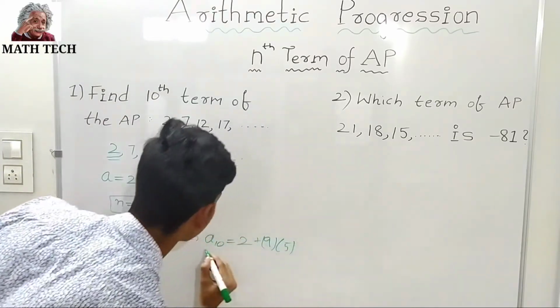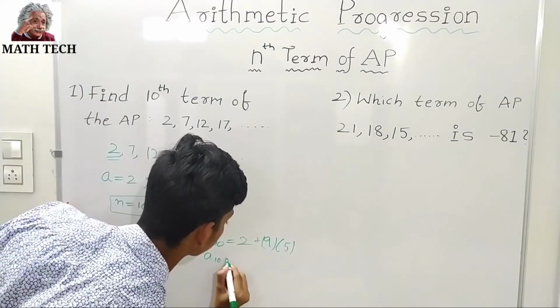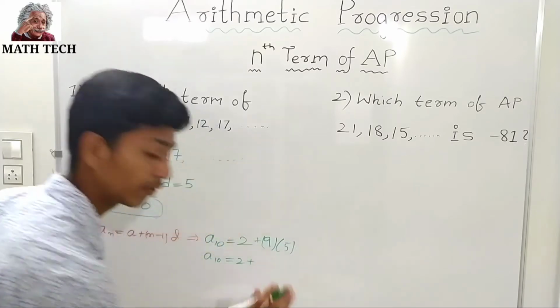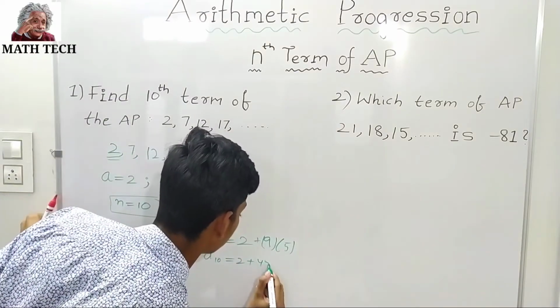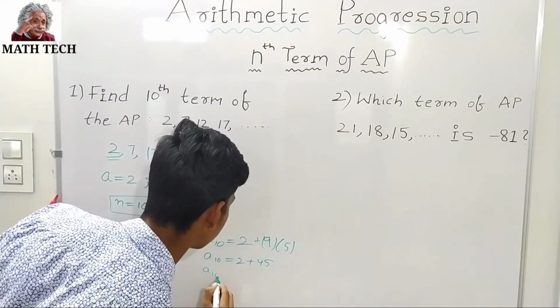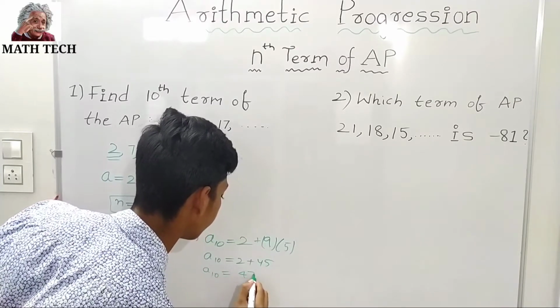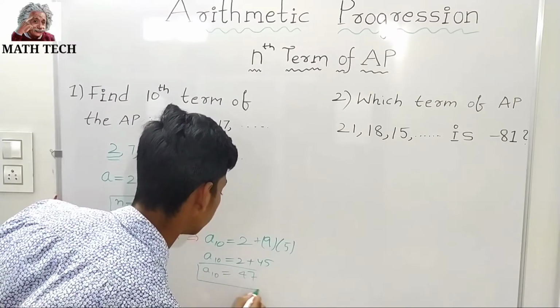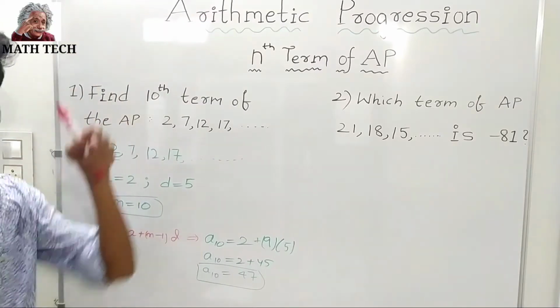That is, A10 is 2 plus 9 times 5, which is 45. That is, A10 is 47. The 10th term of this AP is 47.